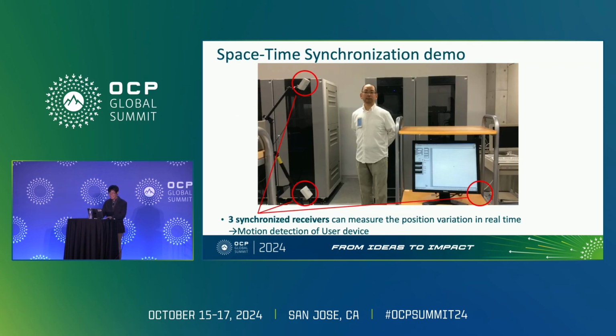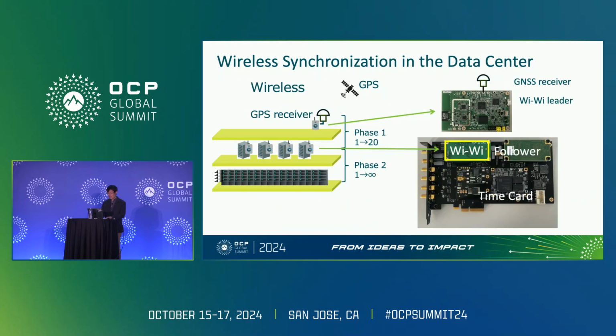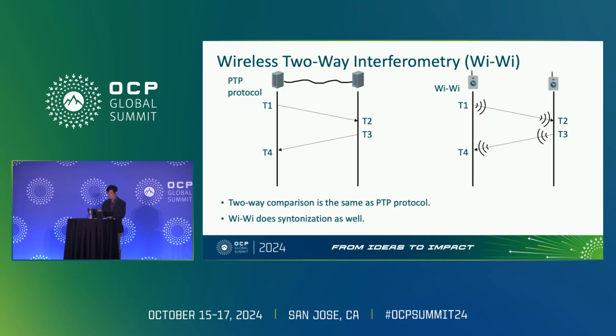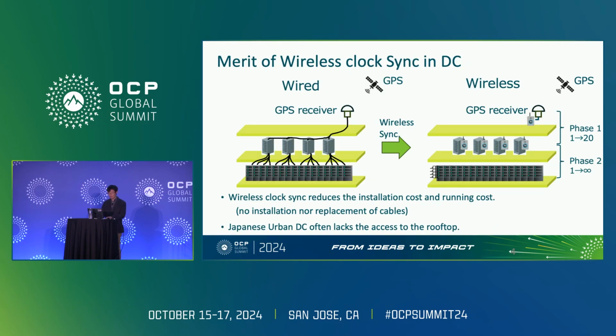Yeah, thanks a lot for the question. So the answer is yes, it is point to point, or actually you can do YY comparison with a mesh network. And since wireless communication is broadcast, it has a scaling merit in a sense.